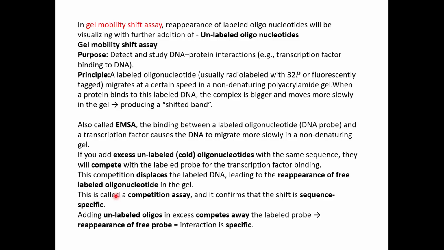Because your hot and cold oligonucleotides are of the same sequence, it basically says that this particular sequence was bound to the transcription factor, and it was not some random or non-specific binding. So this is sort of a confirmation step. Adding unlabeled oligos in excess competes away the labeled probe. Therefore, reappearance of free probe is seen and interaction is specific.